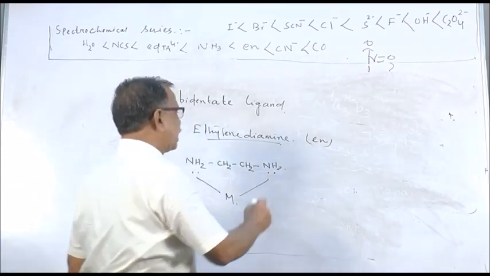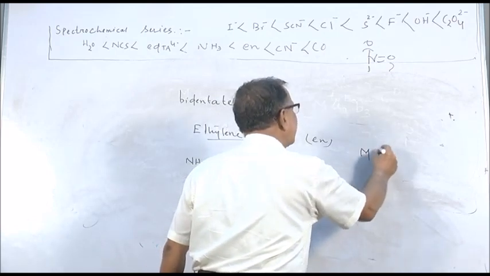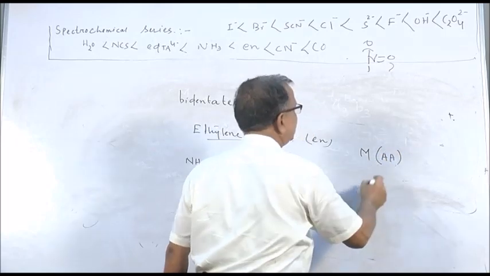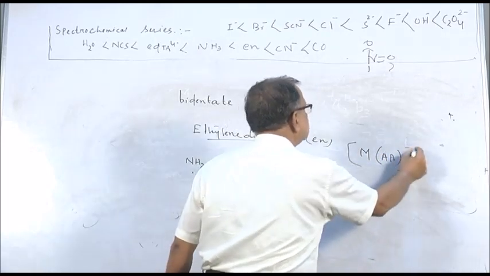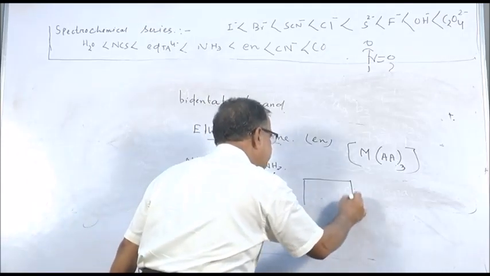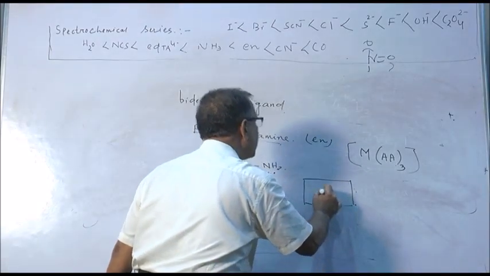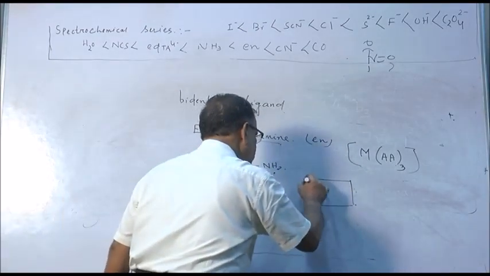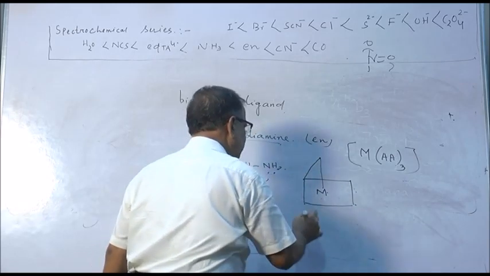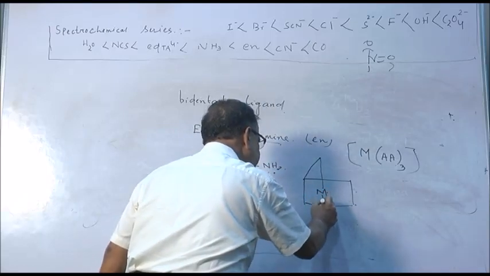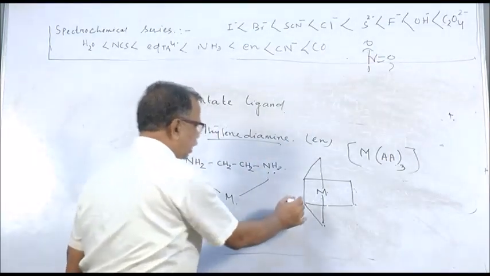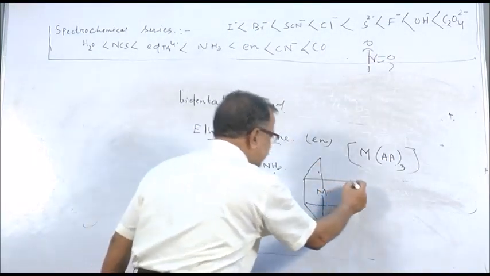So in this case, for example, M(en)3 type. With a bidentate ligand written as A, we may write MA3. In the MA3 type, we get like this. It occupies two positions, here 2 positions, here 2 positions, and this is 2 positions.